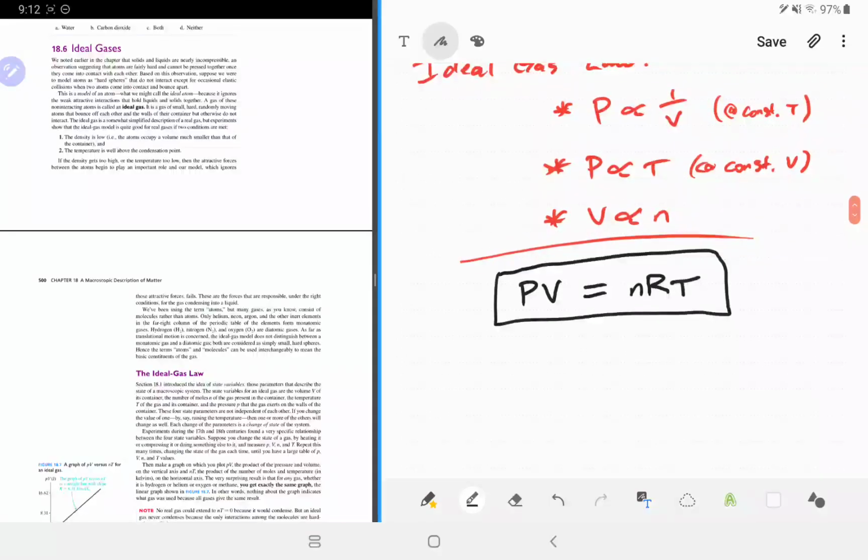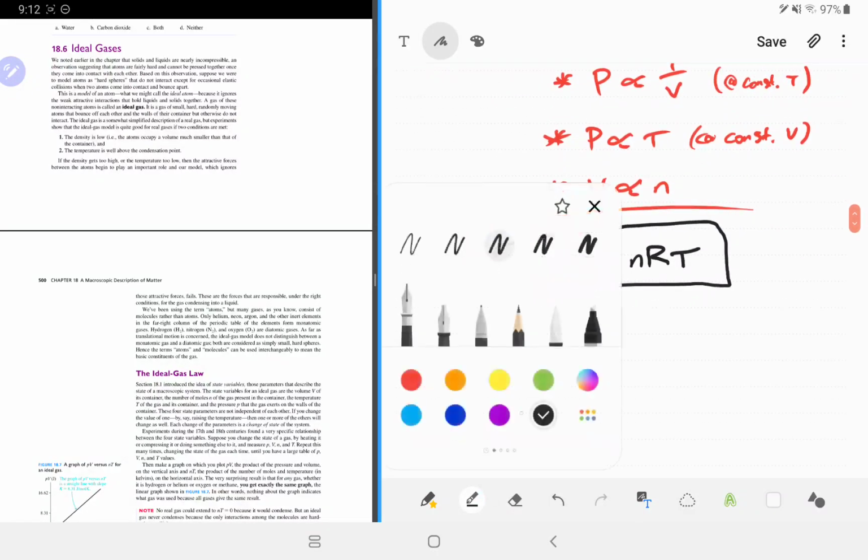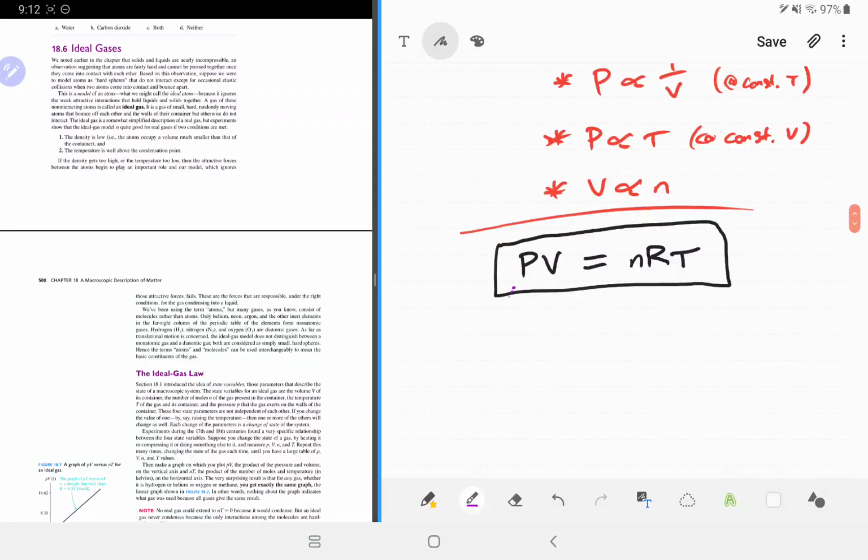Since it's so important, I should first label everything in here. This is pressure. This is the volume of our gas sample. This is the number of moles of gas.